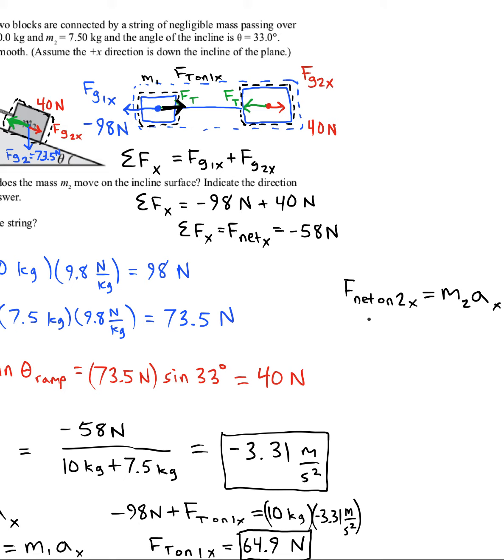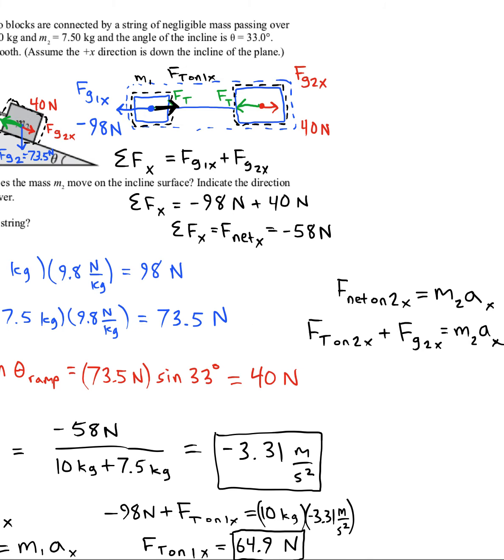Now, what forces act on M2? We'll have a tension force that goes in the negative direction, Ft on 2. There will also be an Fg2x pulling it down the ramp. And there we go. So the Ft we don't know.